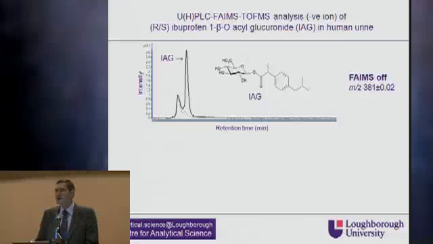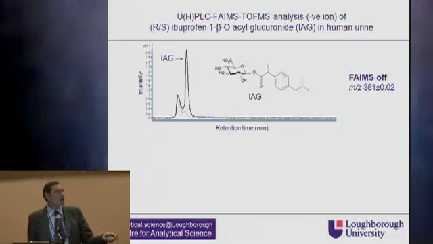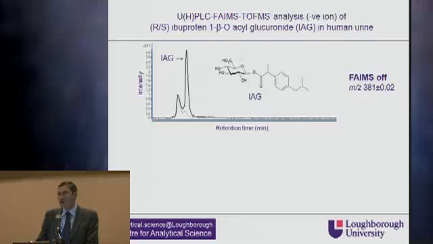The downside to that process is that even using quite a narrow mass window in our selective ion monitoring, 0.02 either side of m/z 381, we still get interfering species from the complex human urine matrix in there, and that makes quantitation difficult.